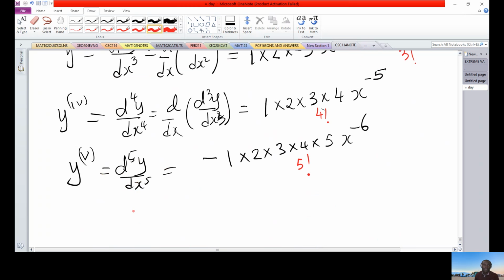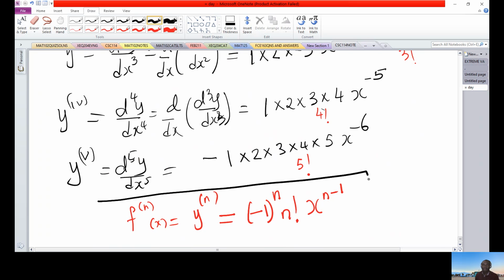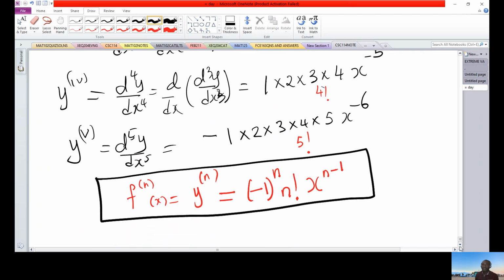It tells you that the nth derivative must be, because the signs are alternating, -1 raised to the power n, times n factorial, times x raised to the power -(n+1). So this becomes the general formula. You can get any derivative using this formula for that given function.